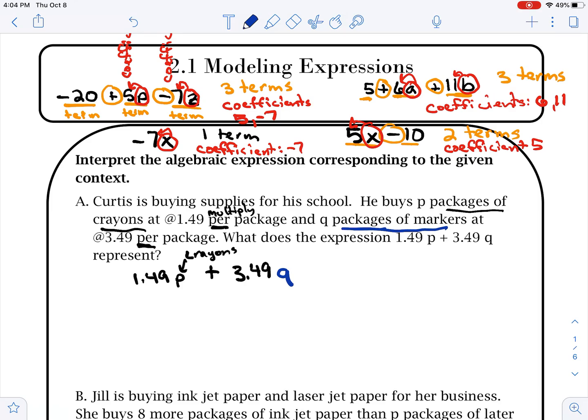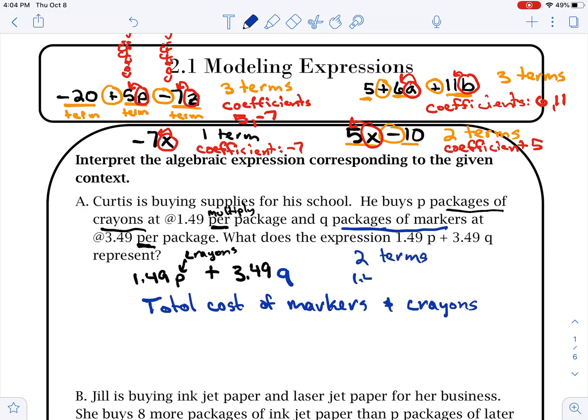And it tells us the cost. So if I look at this, this tells me the total cost of your markers and crayons. A couple of things we could do again: there are 2 terms here.